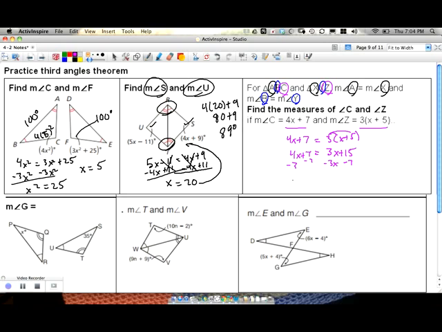So now I know that x equals 8. I can plug it in. So I'll have 3 times 8 plus 5, which is 3 times 13, which is 39 degrees. So these are equal to 39 degrees.